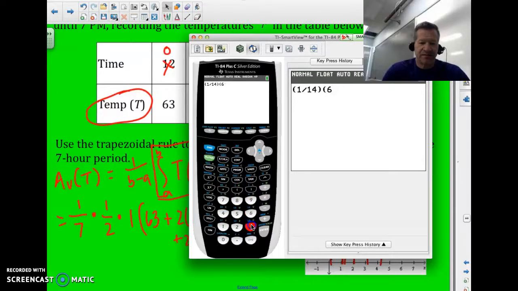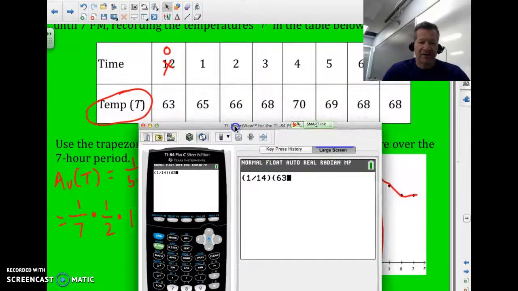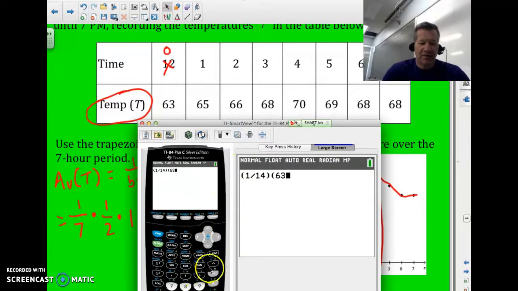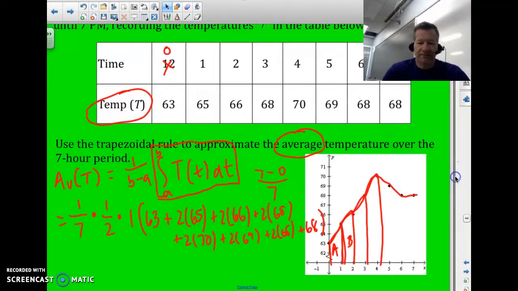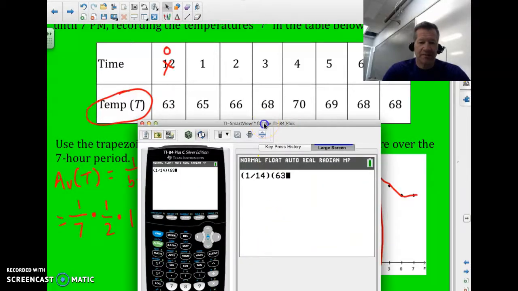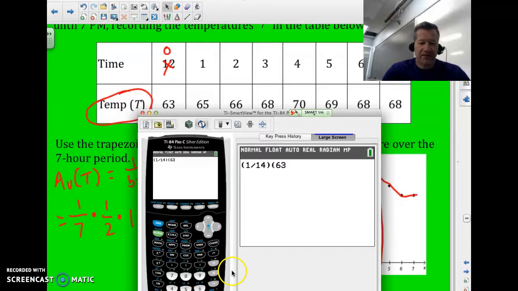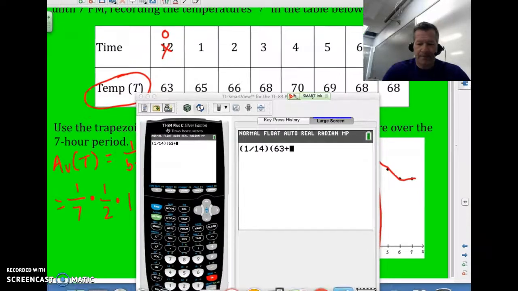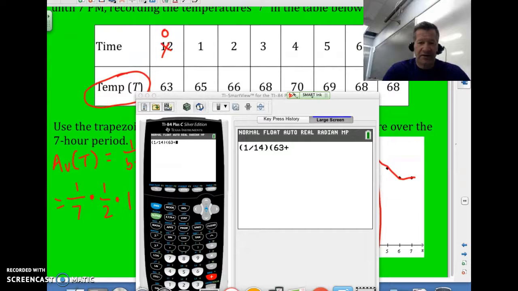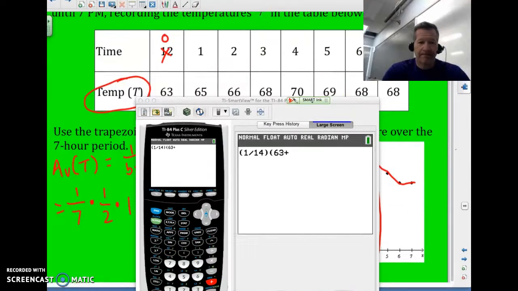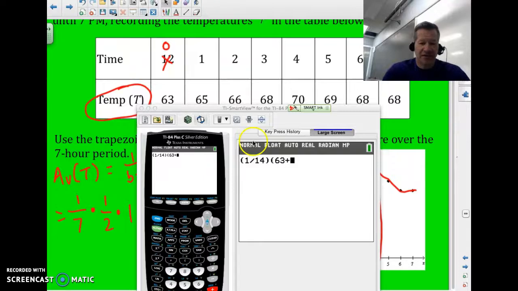So 63. See if I can scroll down here. Maybe I can see that. Yeah, I'll do it this way. But now I'm off the screen totally. Darn it. Let's see if this works. 63 plus 2 times 65.